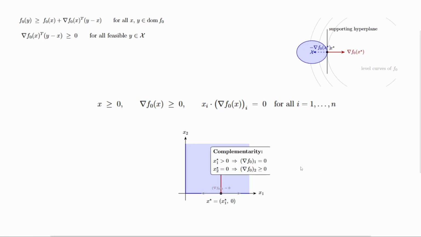So what this is saying is that if the optimal value of the first component, x1, is greater than 0, then that implies the first component of the partial derivative of the objective function is equal to 0, and vice versa. We'll see complementarity again in dual problems, so we'll study more if this doesn't make so much sense now.